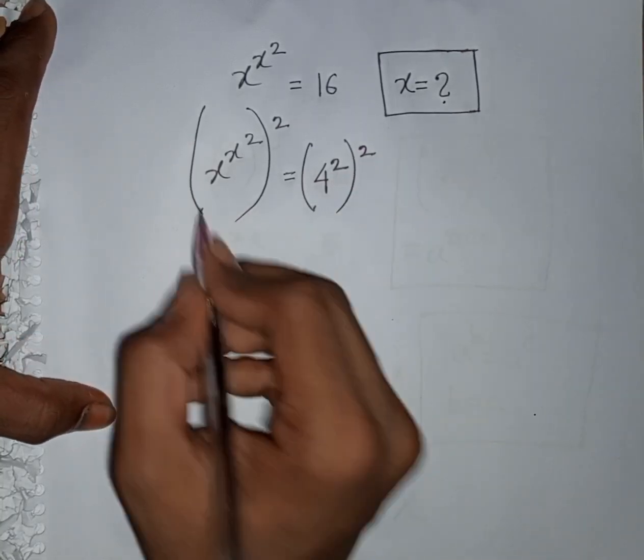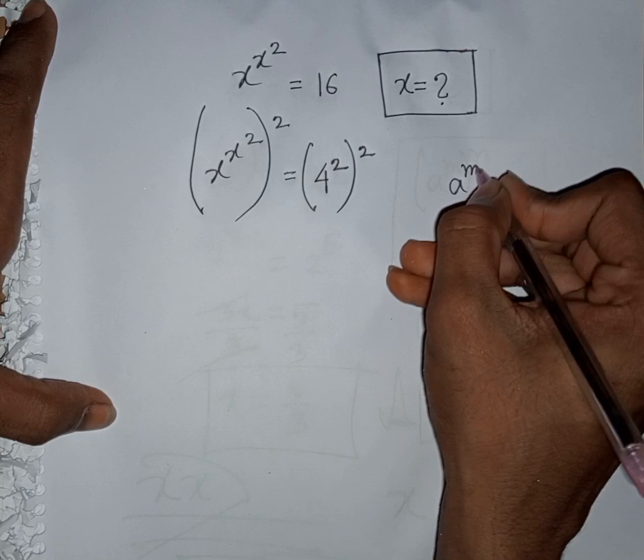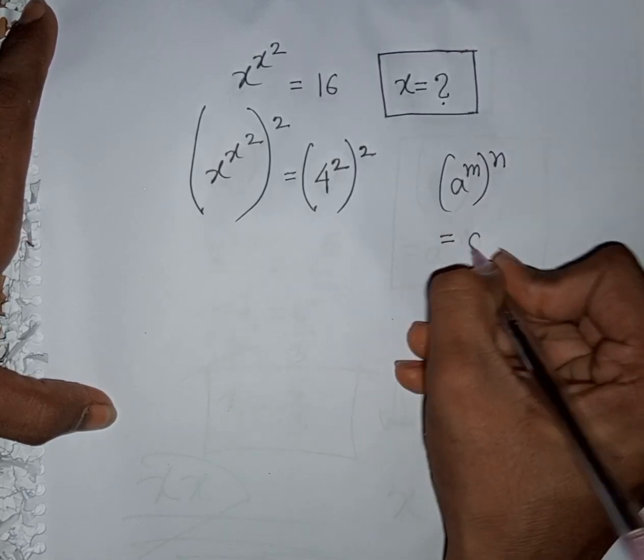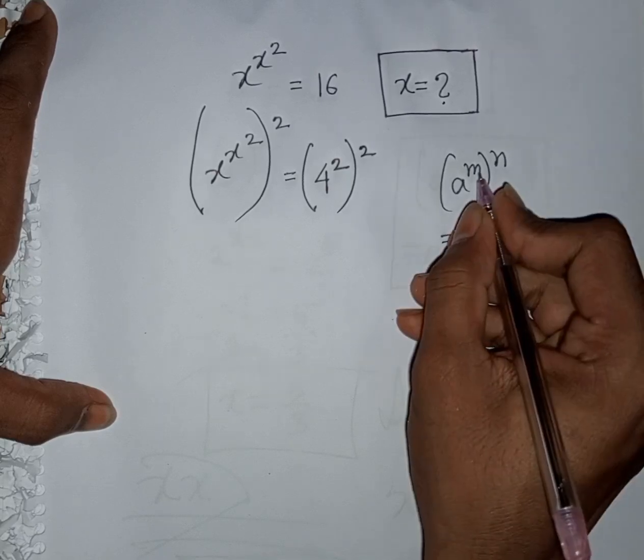Here you can apply this exponential rule that a power m, bracket power n, is equal to a power n, bracket power m.